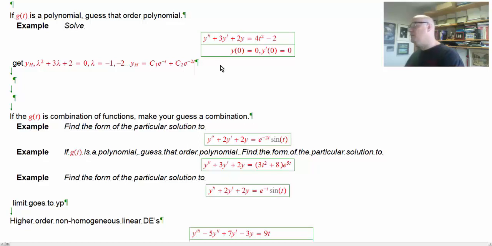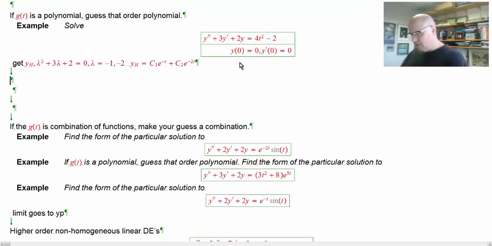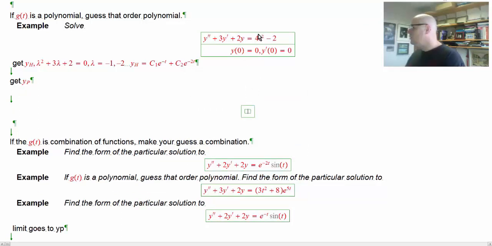I need to get my particular solution now and add it to my homogeneous solution. That's our next step. With unknown coefficients, I need to make a good guess here. My target function is this parabola, so I'm going to guess another parabola.